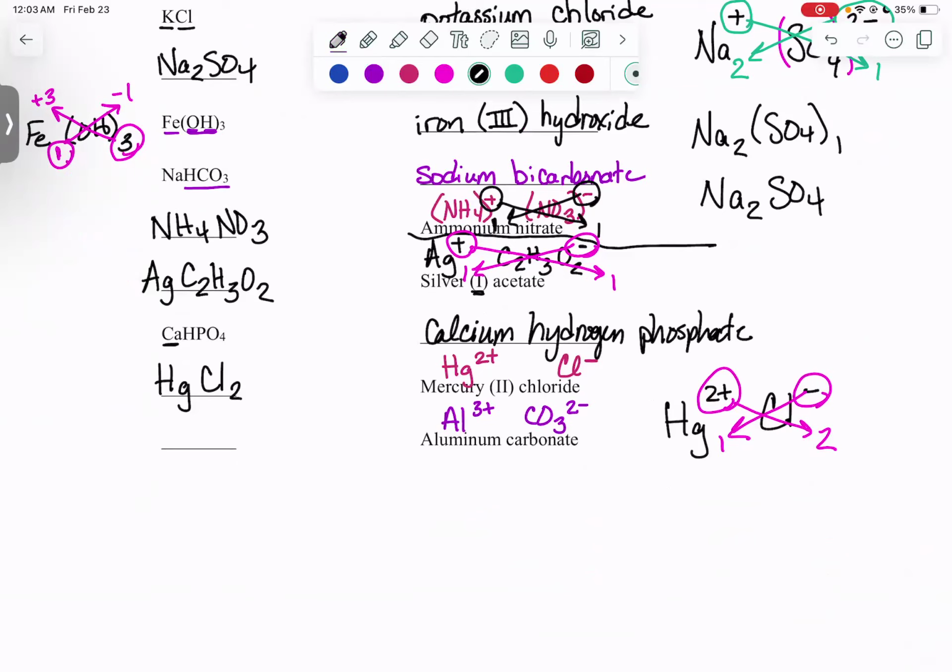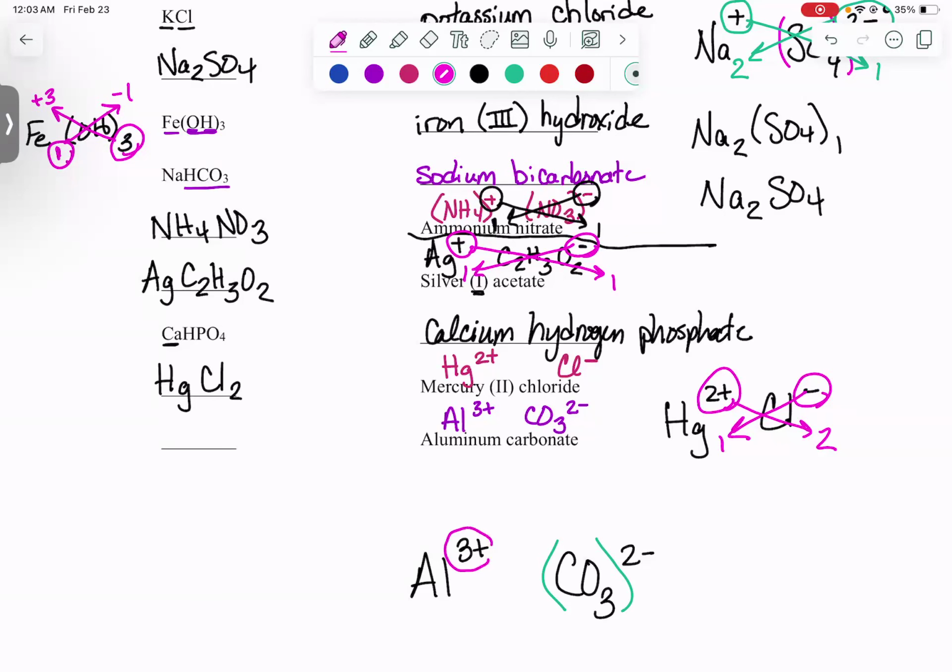So I'm going to give myself a little bit more room and put it down here. Al3 plus, CO3 2 minus. And I'm going to put my polyatomic in brackets just because I want to keep it together. I want to make sure I know what I can change and what I can't change. I can't change the polyatomic ion.